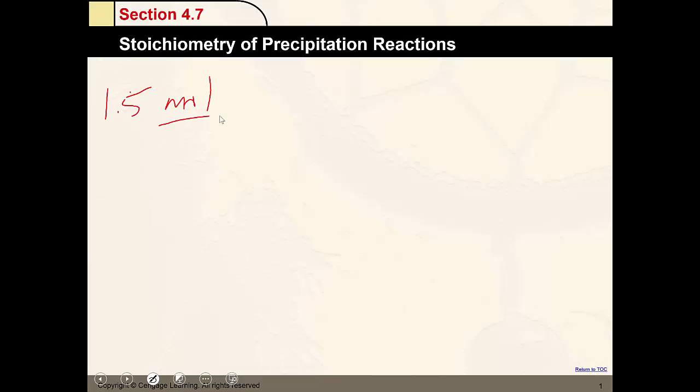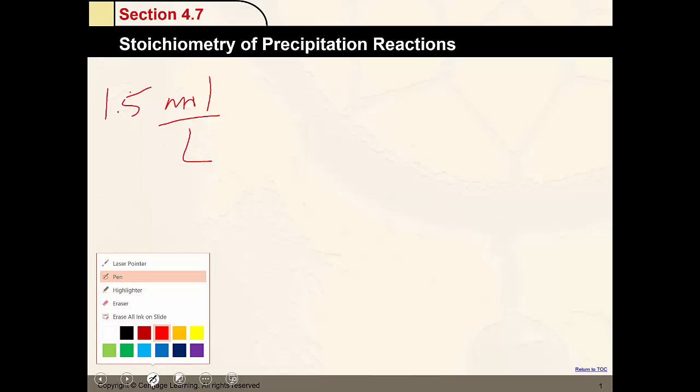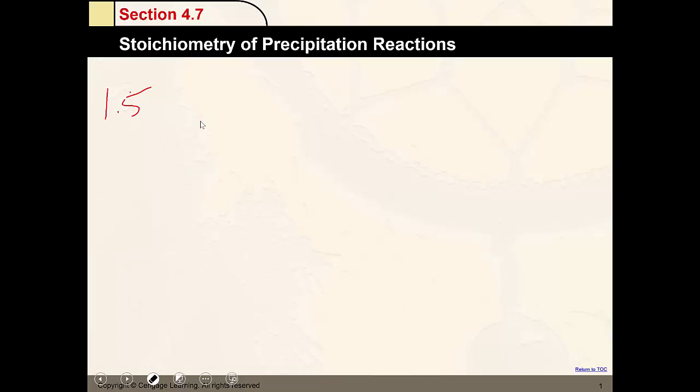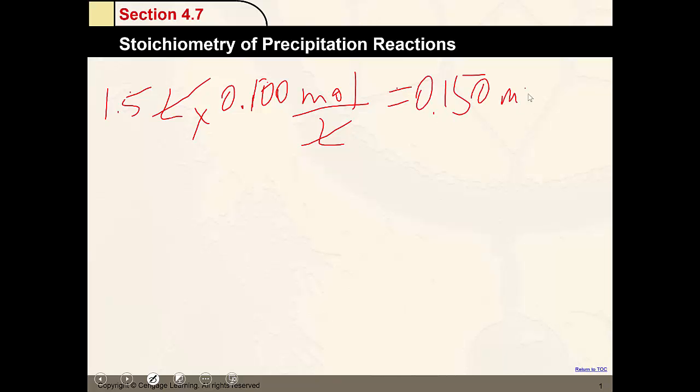So we multiply those together: 1.5 liters of 0.1 molar. So from that we can get our number of moles of AgNO3.